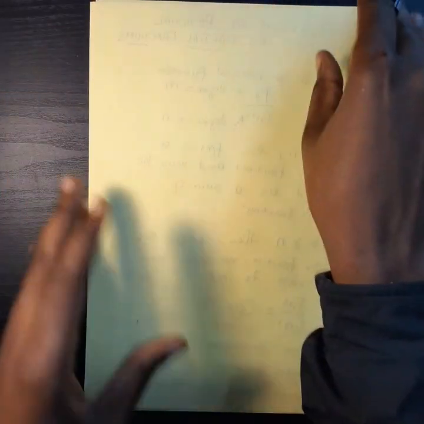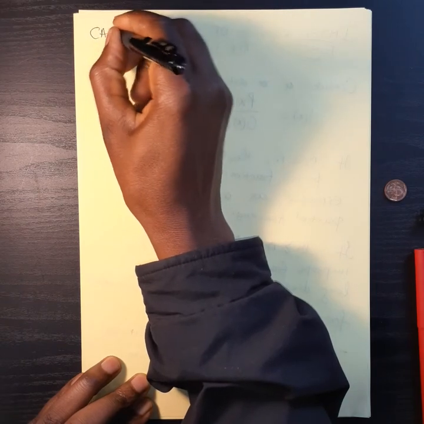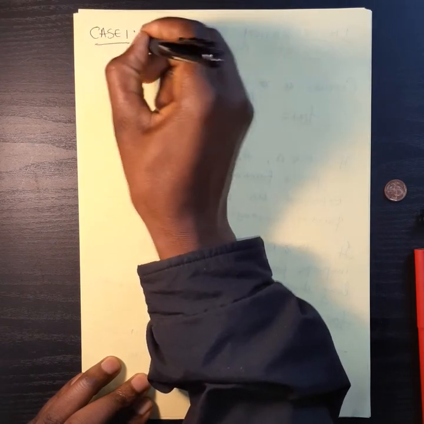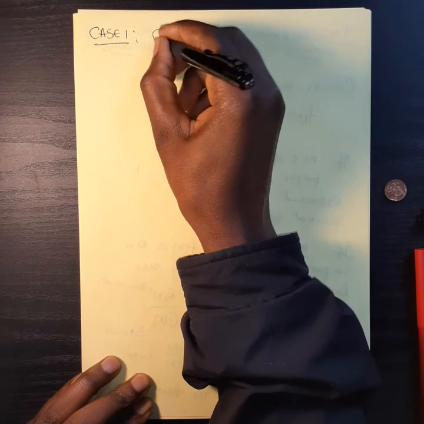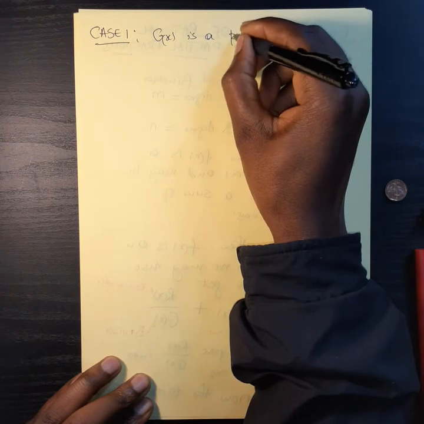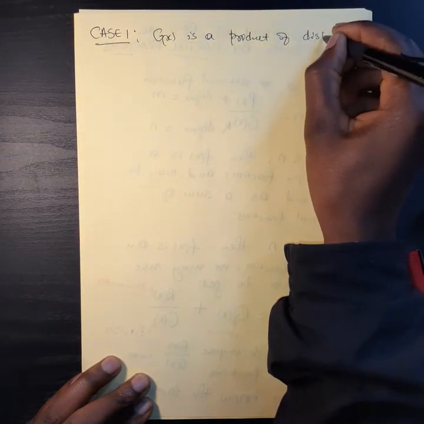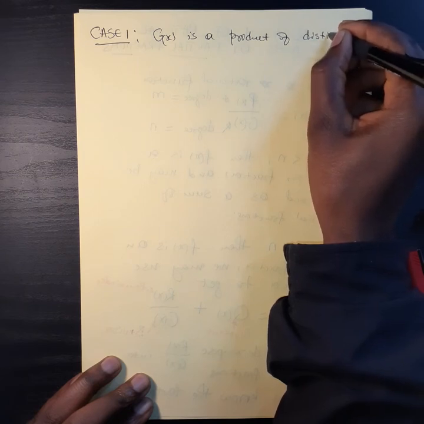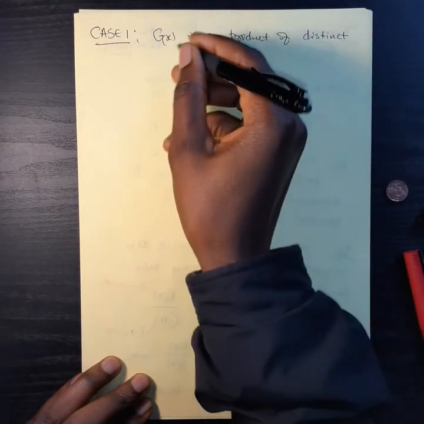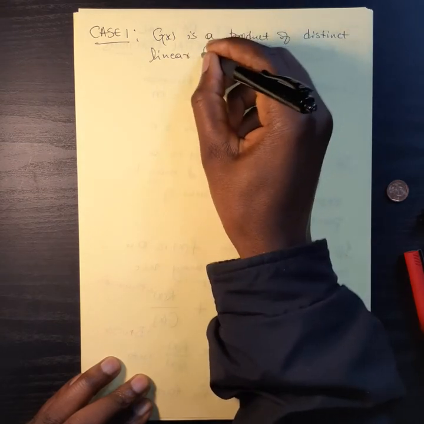Now let us quickly look at an example which involves case number 1. Case 1 is a situation where g of x is a product of distinct linear factors.